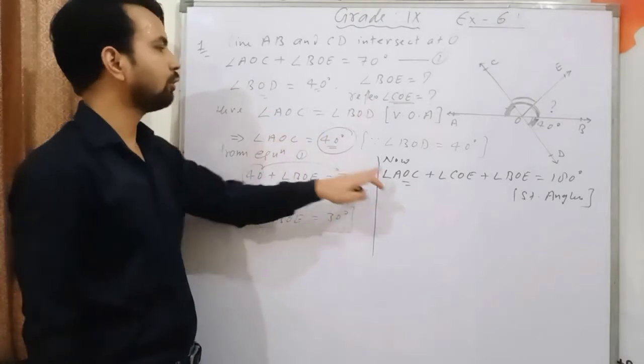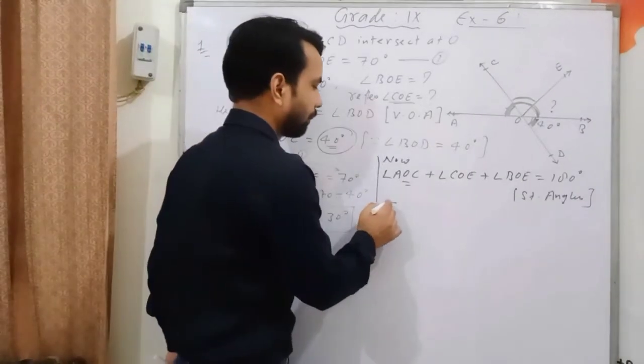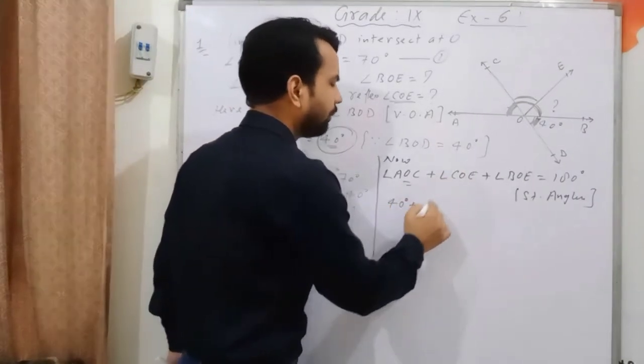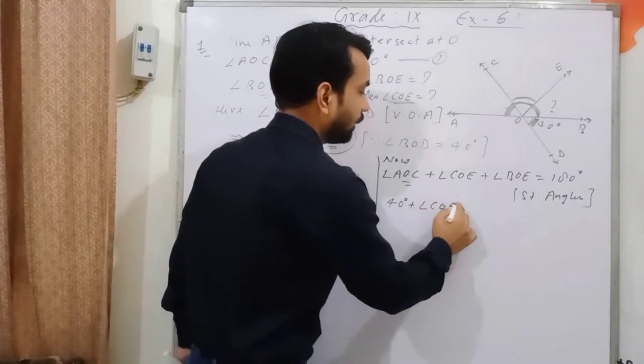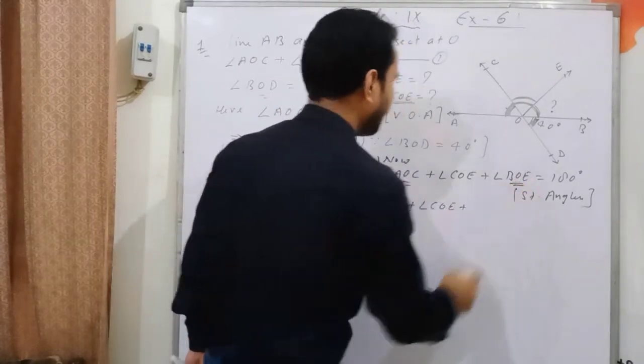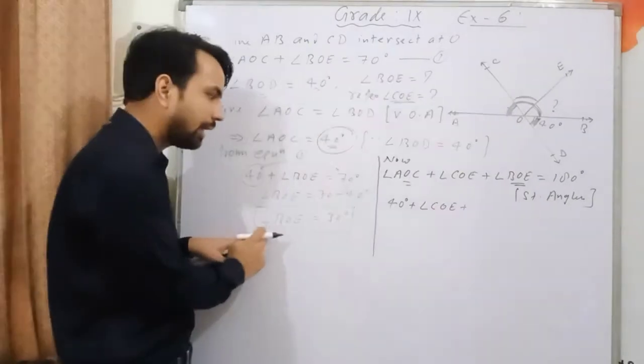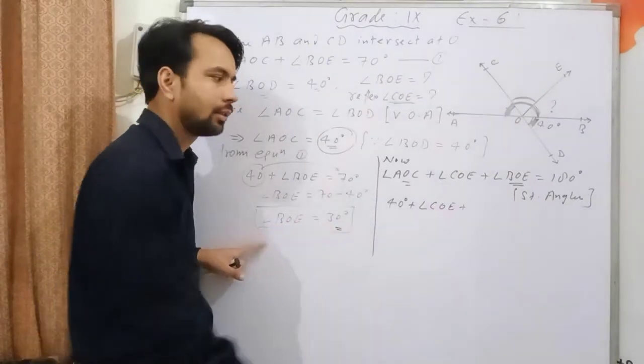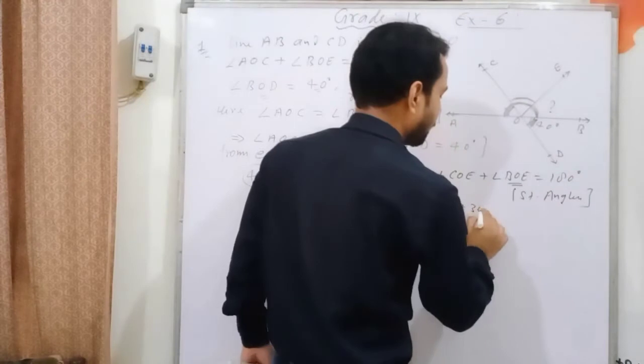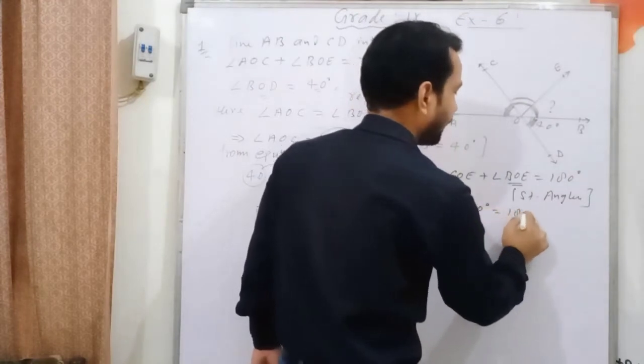So in place of AOC we put 40 degrees, plus COE we don't know, so angle COE will remain the same, and angle BOE we just found, that is 30 degrees, equals 180 degrees.